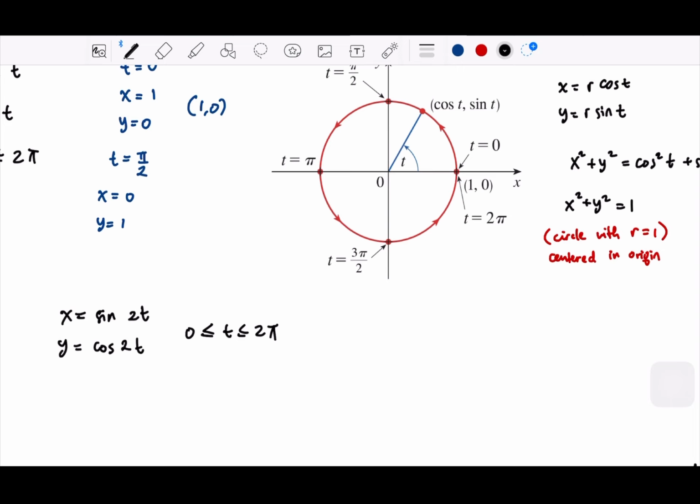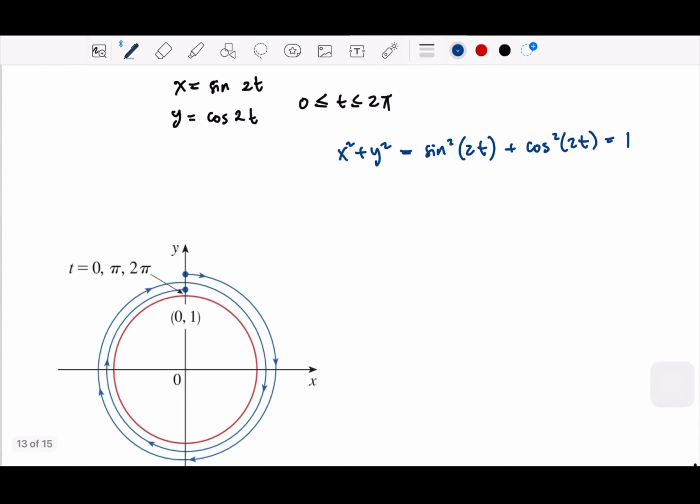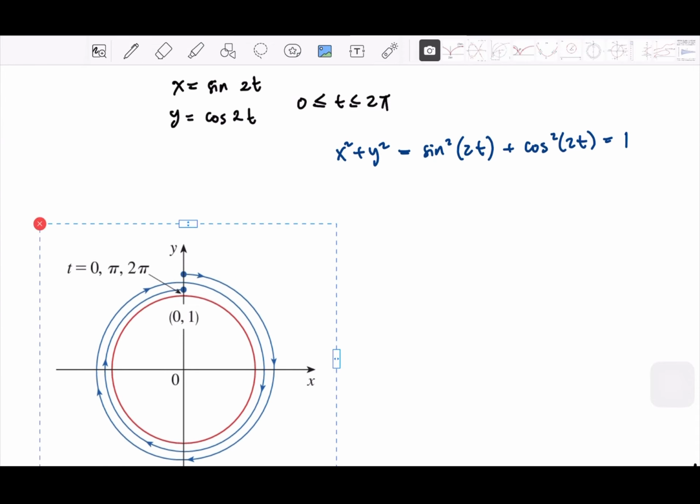So if this is one circle, we could conclude that we are circling around twice. So we could imagine that this will be the case.